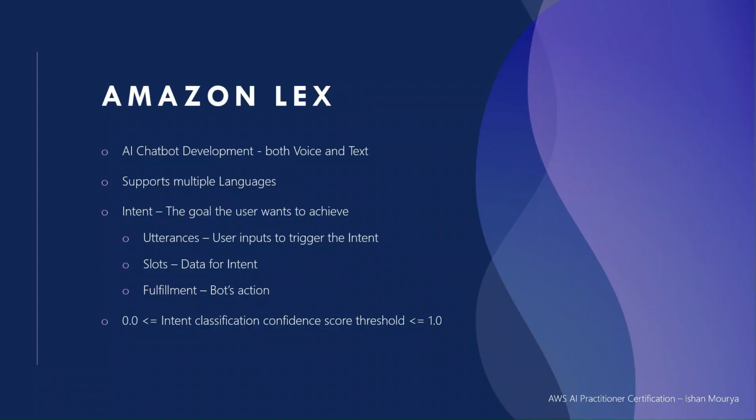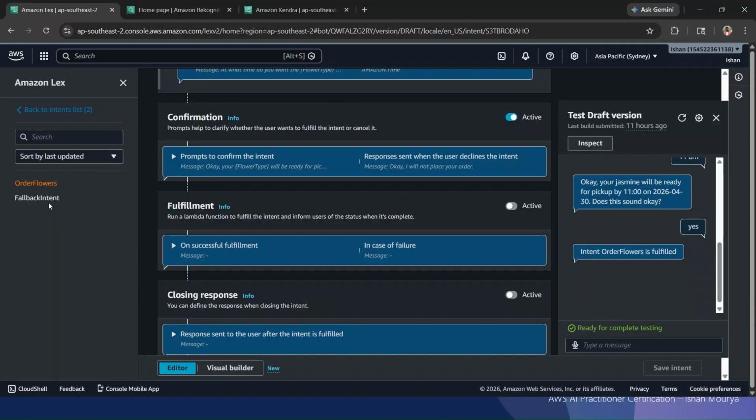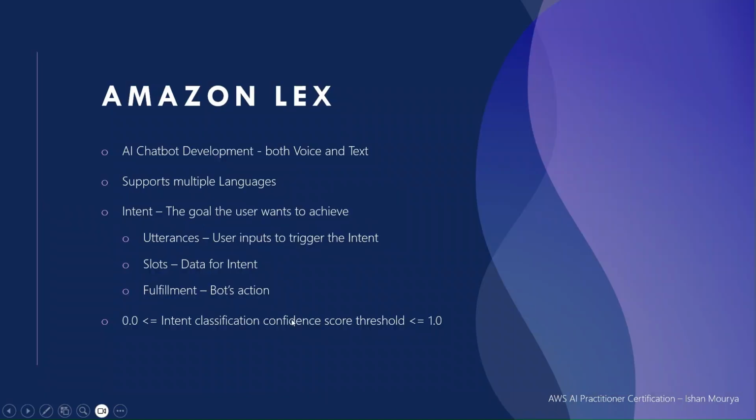But in case it is not able to relate it with any, or let's say it's not getting a good confidence score with any of the intents, it has to fall back to the default intent which we have seen here, the fallback intent. So when do we trigger the fallback intent?